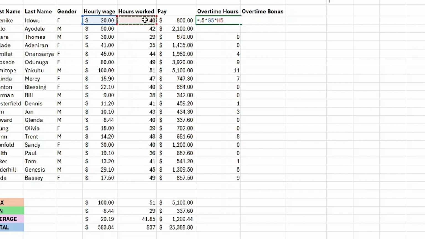Then you click enter. Oh, sorry, we did it wrong, so let's do Ctrl Z and come back here. So that will be equals to 0.5 multiplied by hourly wage multiplied by hours worked. You can see, then we click enter.